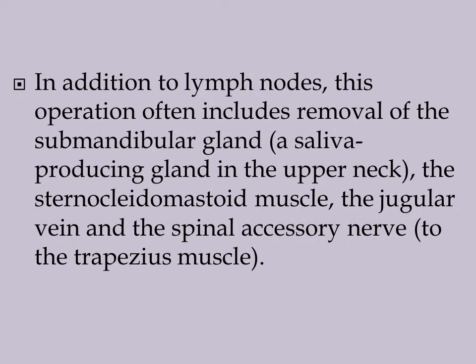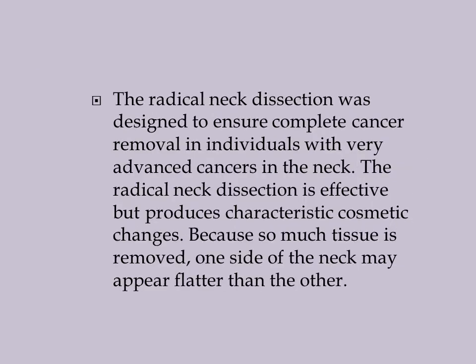In addition to lymph nodes, this operation often includes removal of the submandibular gland, a saliva-producing gland in the upper neck, the sternocleidomastoid muscle, the jugular vein, and spinal accessory nerve to the trapezius muscle.